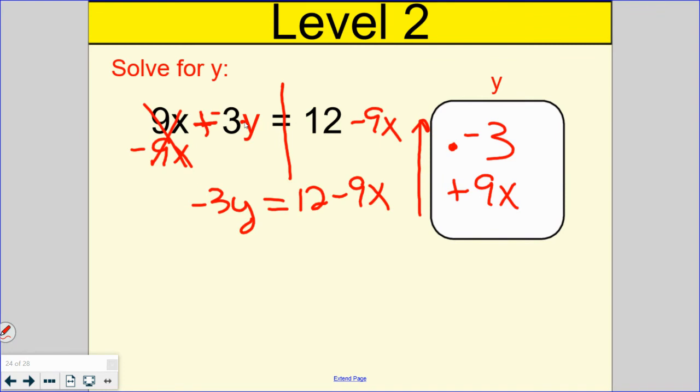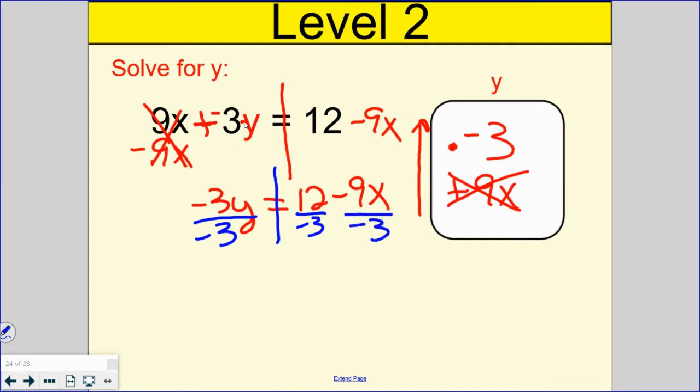Well, we finished our first step in solving, but now we need to do the opposite of timesing by negative 3, which is divide by negative 3. And remember, we're going to do that on both sides, but it's easier to just write it for each term.